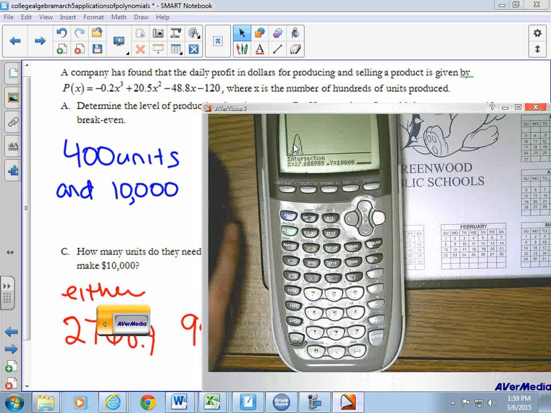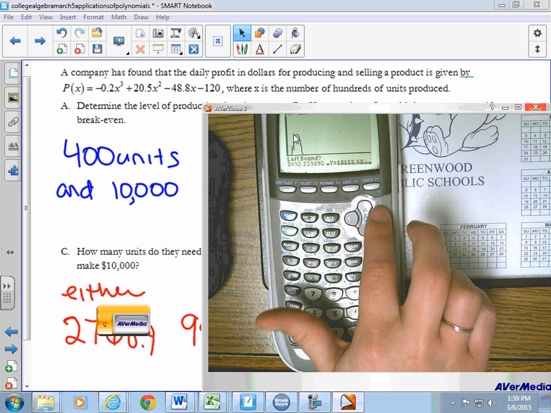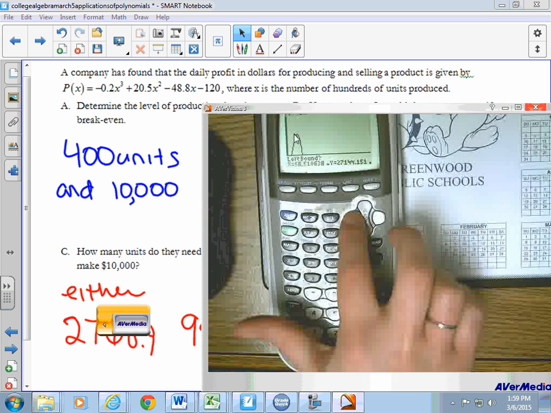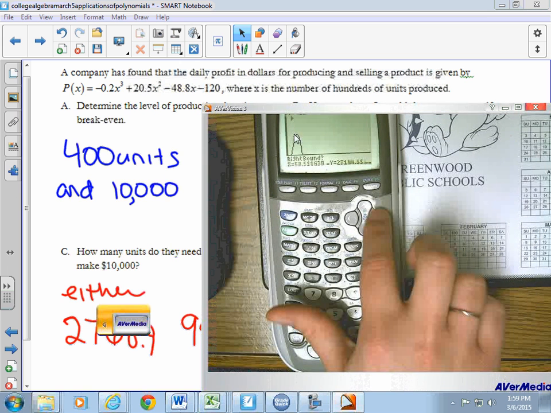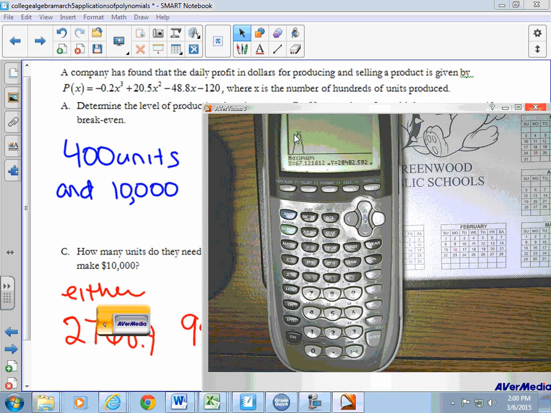Up until this point, it would have been okay if I couldn't see it. I'm going to go to second trace number 4. I'm going to go to the maximum and go to the left and push enter, to the maximum, and then to the right and push enter again. And I get 67.122 and 6,712.